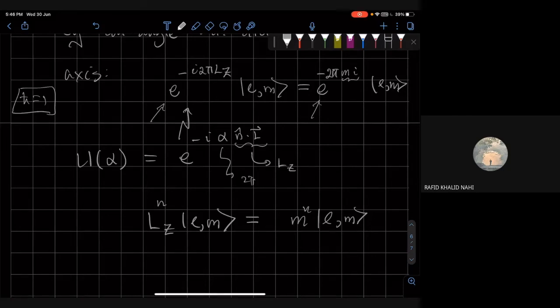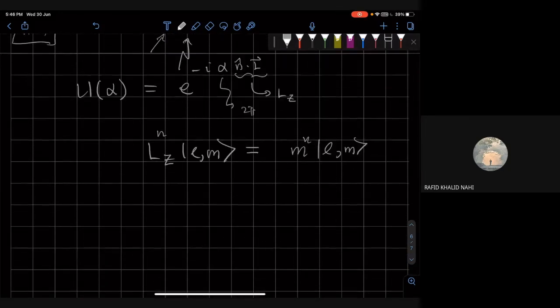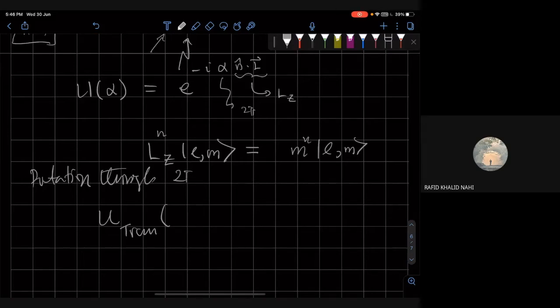Okay. But we know that our rotation operator is also a translation operator. Now, what is our translation operator? And if I do a rotation through 2 pi, what is the translation vector going to be? 0. Very good.